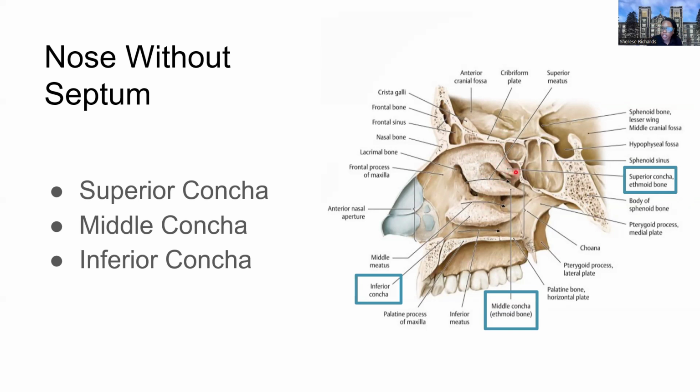The superior concha and middle concha are parts of the ethmoid bone, and then the inferior concha is a separate bone on its own. So these three are intimately connected, form the lateral wall of the nasal cavity, and are then covered by the mucous membrane that makes up the septum.